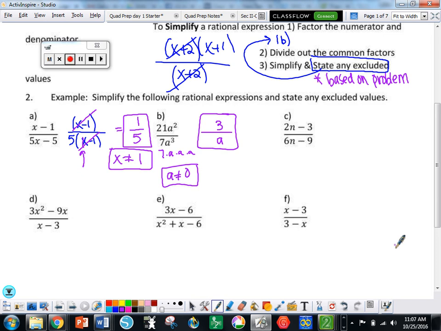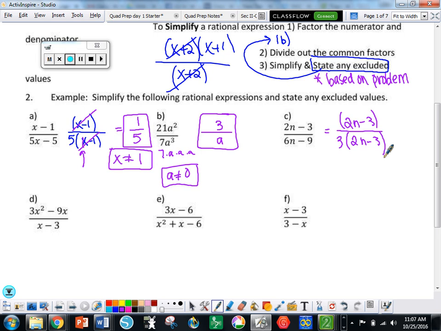Okay, part C. So the first step, if I can factor it, please do. So on the top, does it factor? Now all of these right now are kind of linear. This one doesn't really. 2n minus 3. On bottom though, does anything come out of the 6n minus 9? Right now we're just looking for GCF, right? So out of 3, what are we left with? 2n minus 3. Stop really quick. List your excluded values.